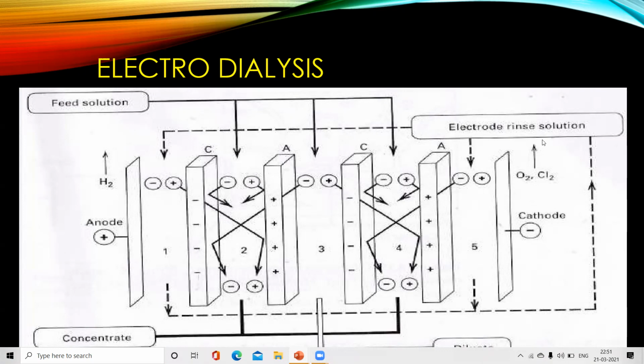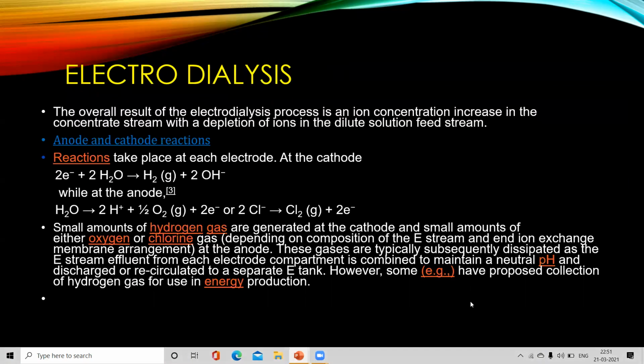Let's see the electrolyzed solution which we are passing from last. Here the concentrate solution is given. The overall result of the electrodialysis process is an increase in ion concentration in the concentrate stream with a depletion of ions in the dilute feed stream.